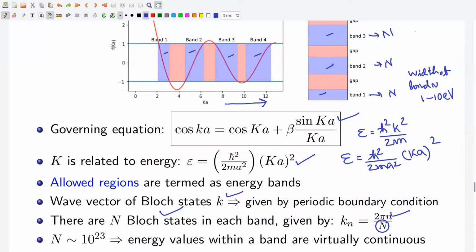In a solid, capital N is 10 power 23. This implies that the gap between energy levels within a band is very small, of the order of 10 power minus 22 electron volt. Thus, energy values within a band are virtually continuous.